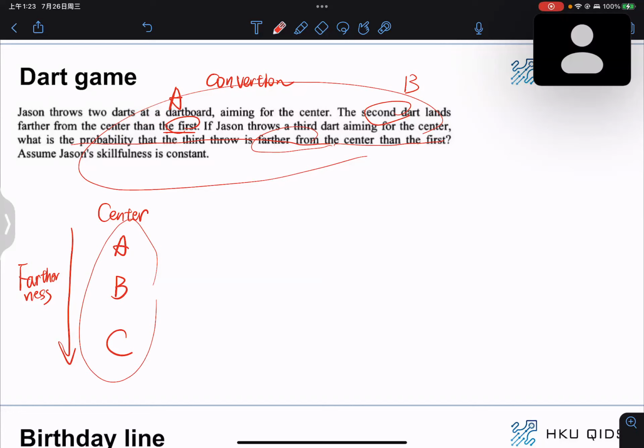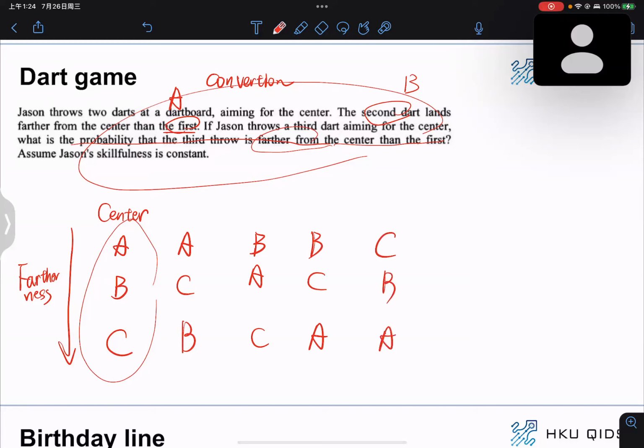So how many combinations and permutations can we have in total? Let's use the counting method. We can have ABC, ACB, BAC, BCA, CBA, and CAB. But we already know that A must come before B, so BA is not possible.